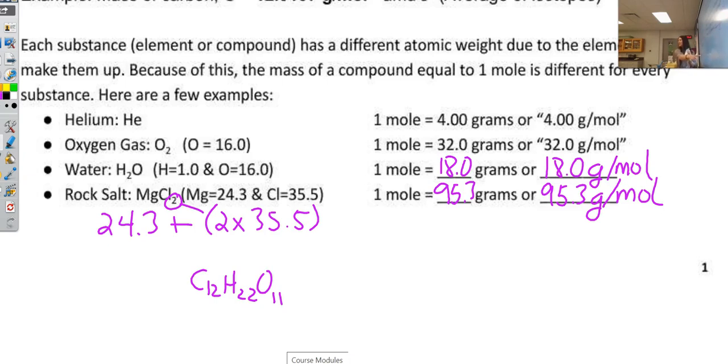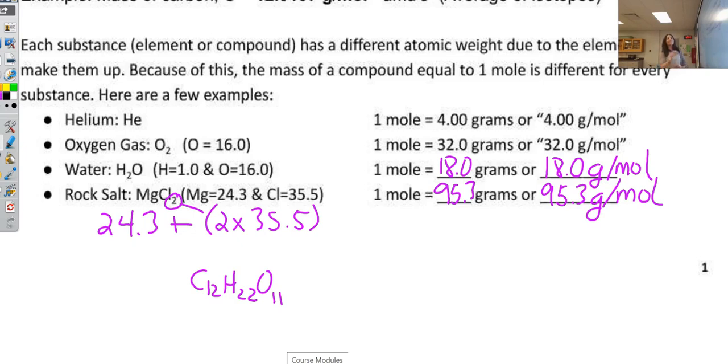Who remembers what oxygen's mass is? 16 times 11. So this actually ends up equaling, I think it's like 342, I wrote that, 342.22. That's how I figured out how much went in there, okay? That's why they all weigh different amounts. So even though it's the same amount of particles, like if I counted them, they each weigh a different amount. Just like if I said, how much does a dozen weigh? Well, you can't say that, because are you talking about a dozen cars, or are you talking about a dozen donuts? A dozen cars are going to weigh a lot more than a dozen donuts, okay?